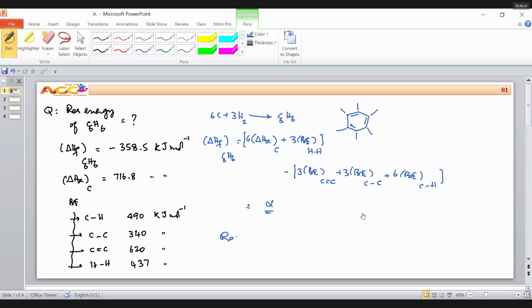Resonance energy is equal to enthalpy of formation of benzene, experimental value, minus enthalpy of formation of benzene, calculated or theoretical value. Answer is beta kilojoules per mole.